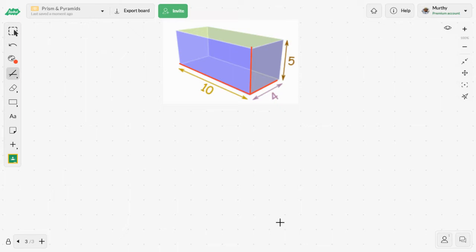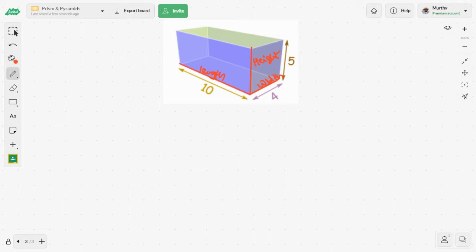Therefore, I see three dimensions: the length here, the width here, and here is the height of the object. So this has three dimensions, and it is called a 3D figure.